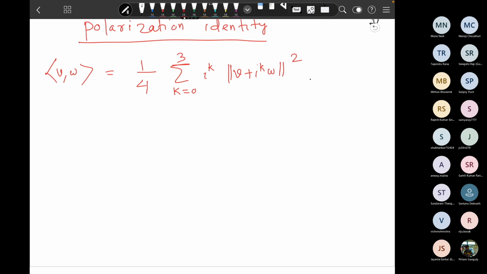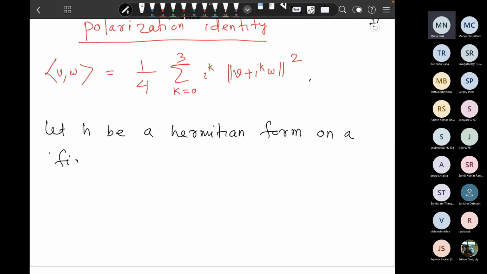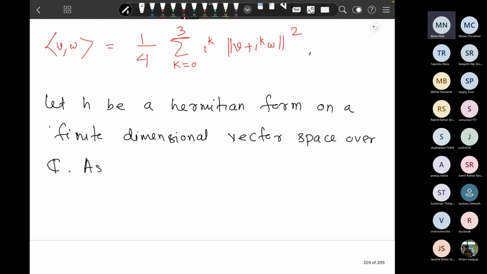So for a Hermitian form, let H be a Hermitian form on a finite dimensional vector space over C. Assume H is non-degenerate, though non-degeneracy is not required.